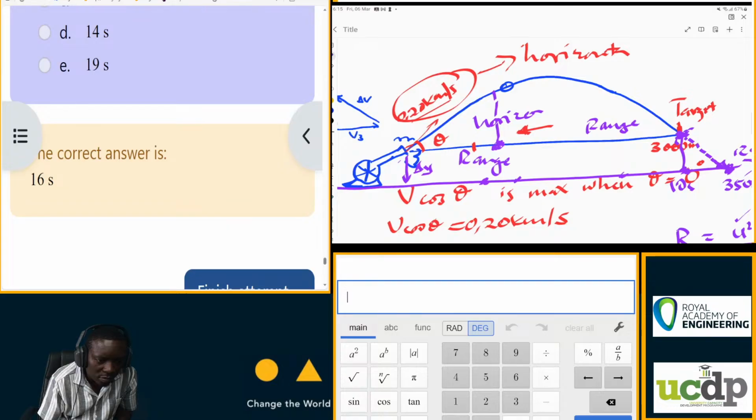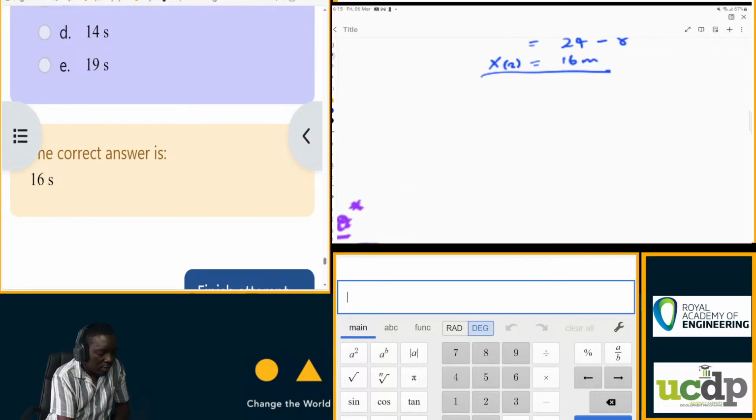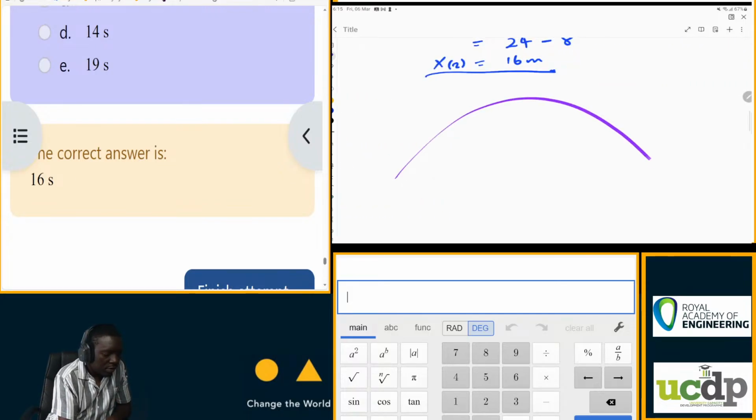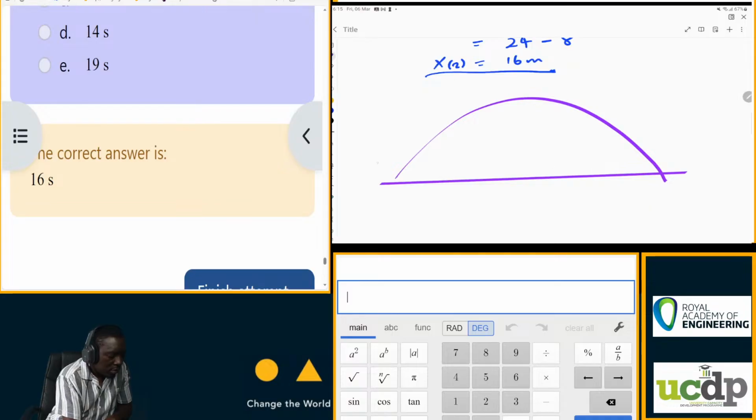Like Ux will always be constant: suppose we have point A, B being the highest and C. From point A to C, our horizontal motion will stay constant, while Uy changes through the motion.